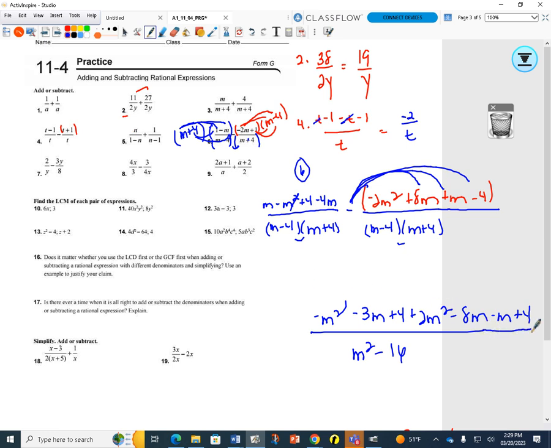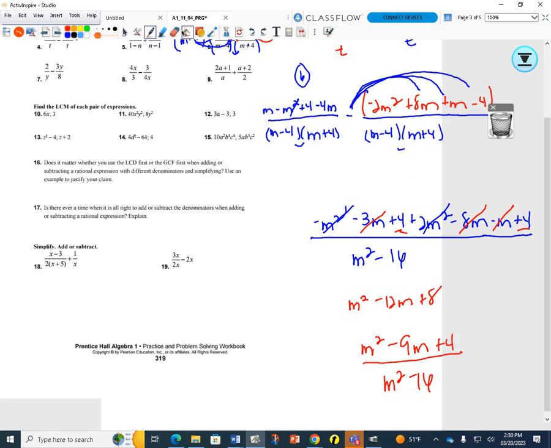Okay, now we're going to go through and combine all our like terms. The m squareds here are going to leave me with negative m squared, and 2m squared is going to leave me with m squared. Negative 3m, negative 8m, that's negative 11m minus m, minus 12m. All the m's, the like terms, and then the constants, 4 and 4, plus 8.